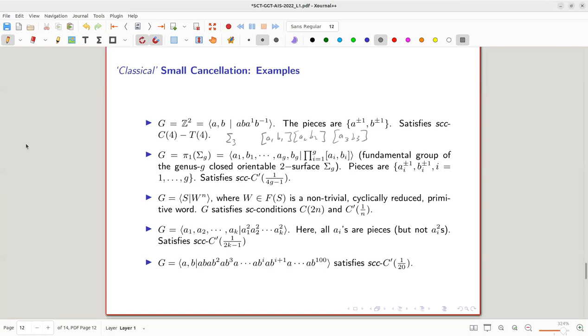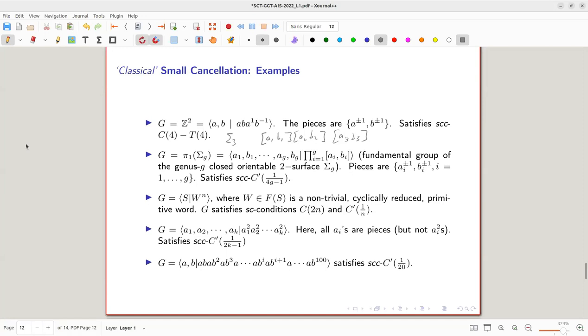Nowhere do we have a subword whose length is greater than 1 appearing at two distinct places, which could count as a piece. So still the pieces are the edges of this 4G-gon, right?